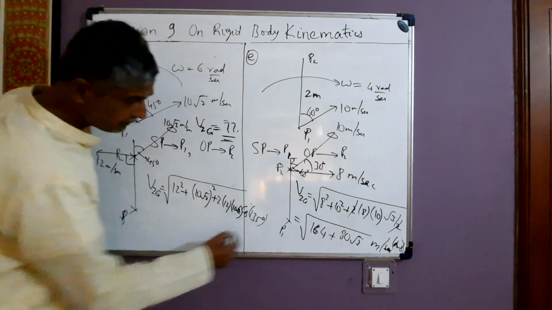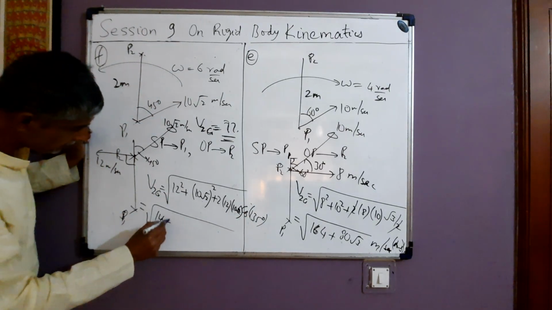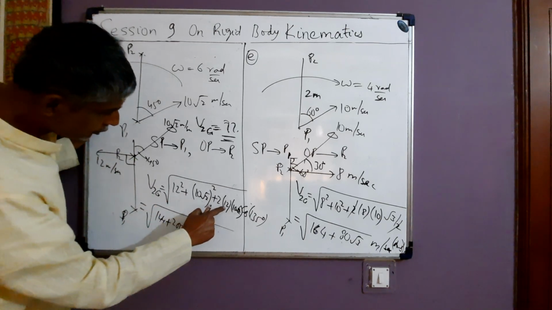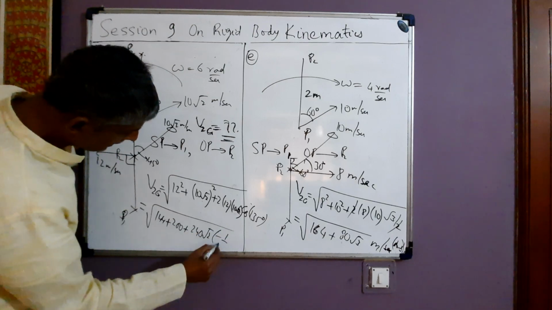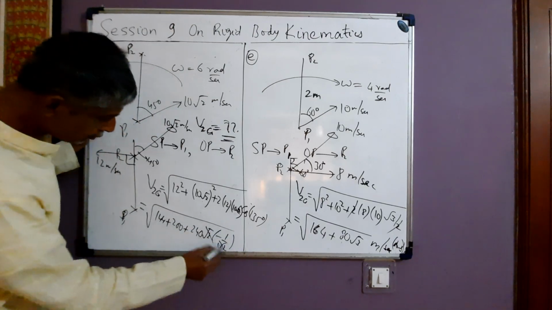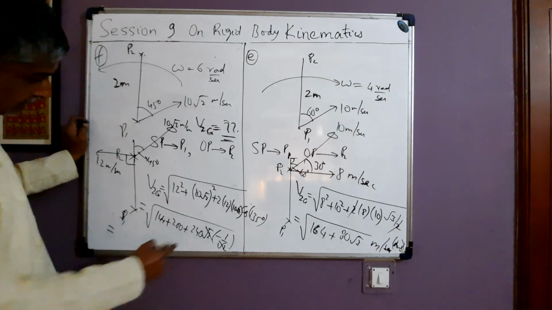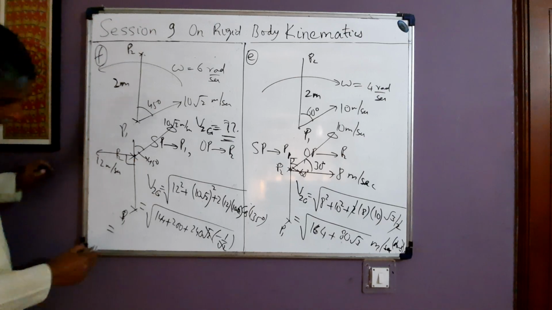Cos of 135 degree is minus 1 by root 2. 12 square becomes 144 and the other becomes 200. The cross term is 240 root 2 into minus 1 by root 2, so root 2 goes away. This becomes 344 minus 240, which is 104.